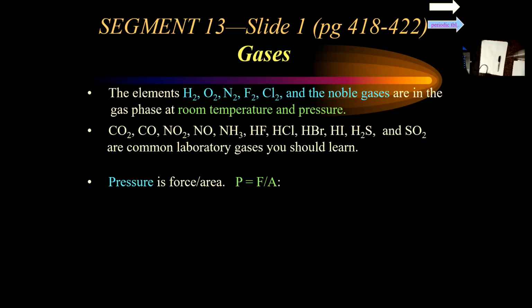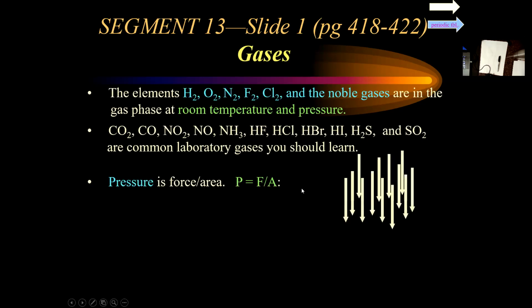Now, force is in newtons, and area is in meters squared. Remember, those are our basic SI units. For force, it's called a newton, and the area has to be in meters, so newtons per square meter would be the SI unit for pressure.